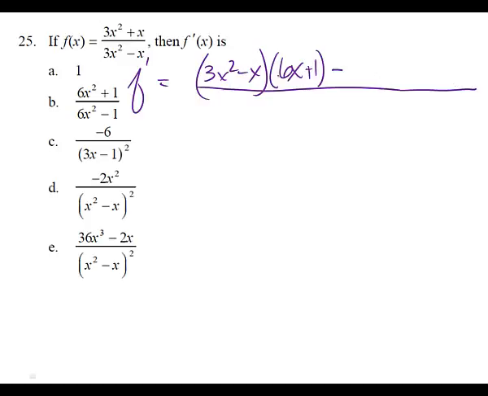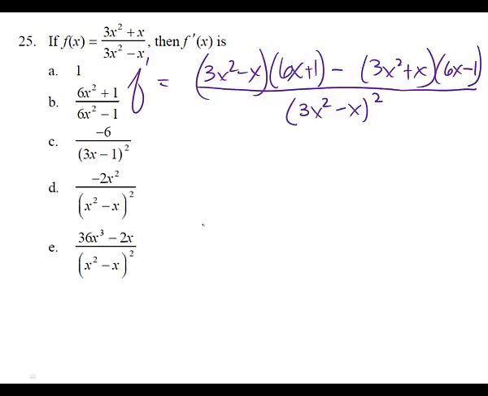Minus low d high minus high, 3x squared plus x, derivative of low. So we get what? Minus 1, all over the low squared. 3x squared minus x, squared. That was nice of him, wasn't it?